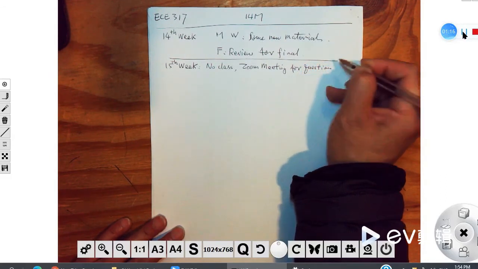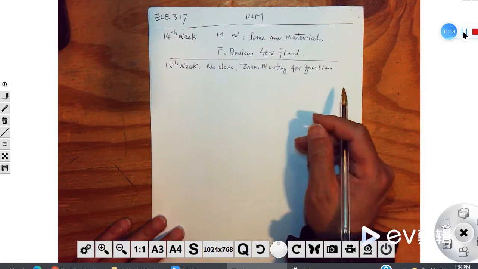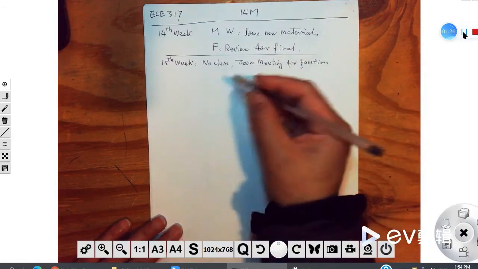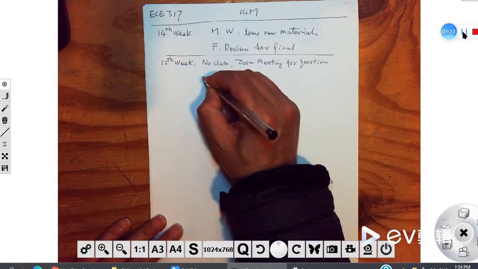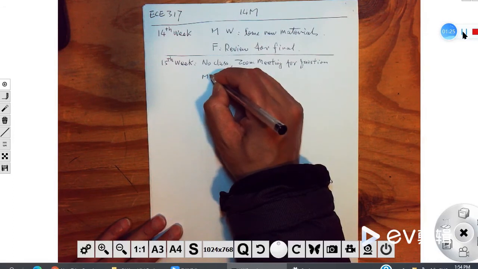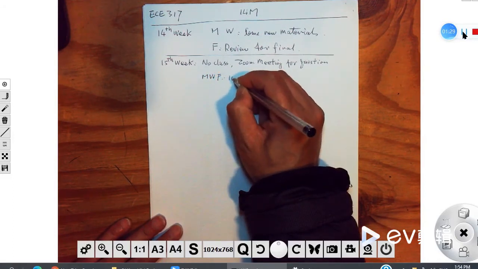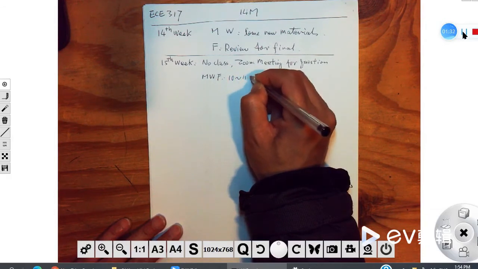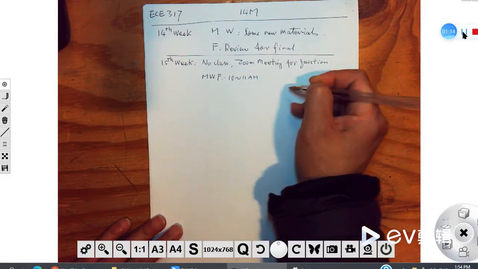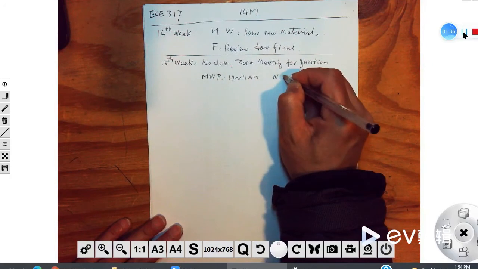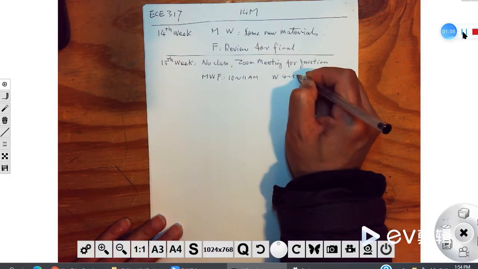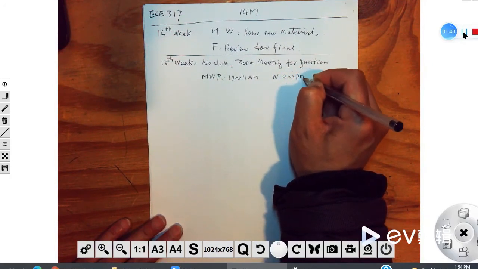You can say there are some office hours, but for actual office hours we will use the class time, Monday, Wednesday, Friday, 10 to 11 a.m., and then Wednesday 4 to 5 p.m. This is a normal office hour, right?